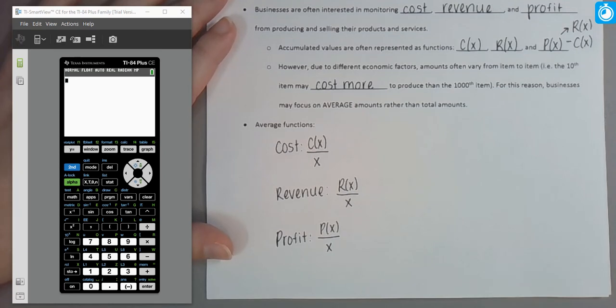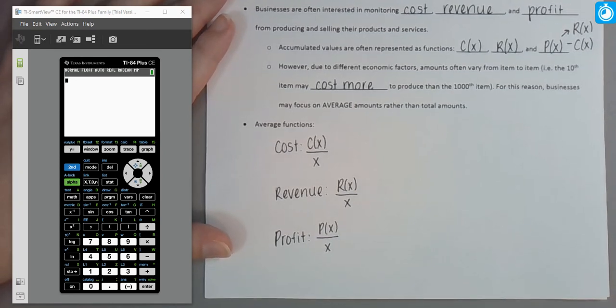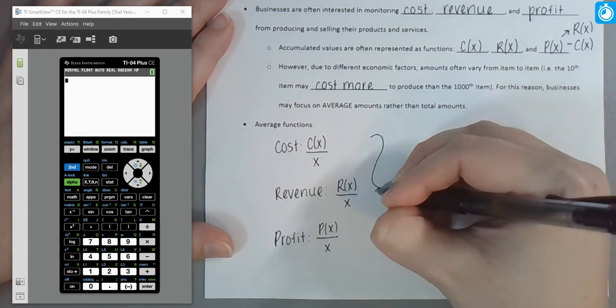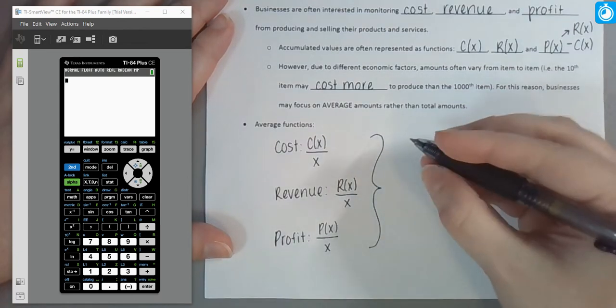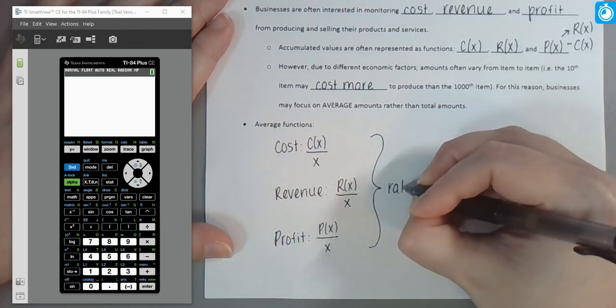Why does this factor into this particular section where we're discussing differentiating using the product rule and the quotient rule? Well, the reason this fits here is because these are now rational functions.